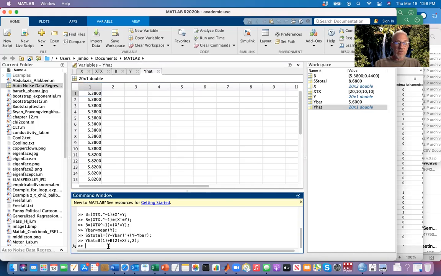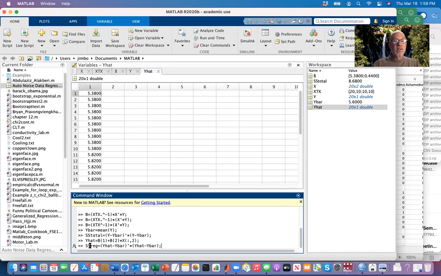Now we're going to do the sum of the squares regression. So that's going to be the predicted value minus the y bar, transpose, times y hat minus y bar.